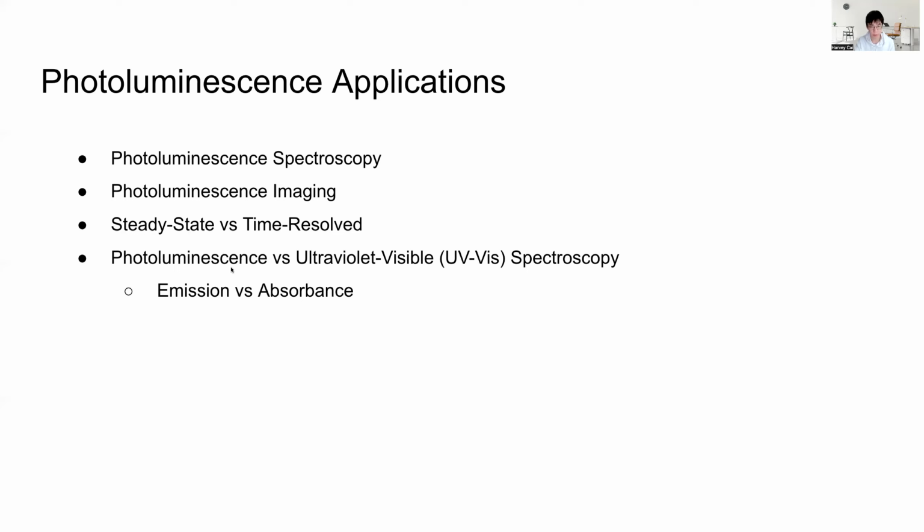There's another spectroscopy that is very closely related to photoluminescence called ultraviolet visible spectroscopy, abbreviated as UV-Vis. Instead of focusing on analyzing the emission of light as in photoluminescence, it focuses more on the absorbance of light at different wavelengths. And it will be utilized in the further discussion in Aloys's part about conjugated polymers.